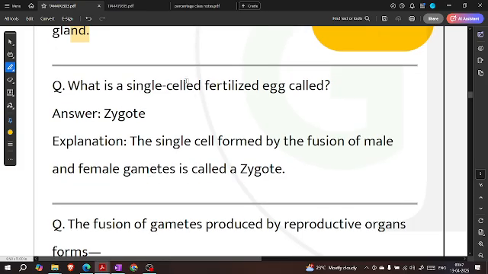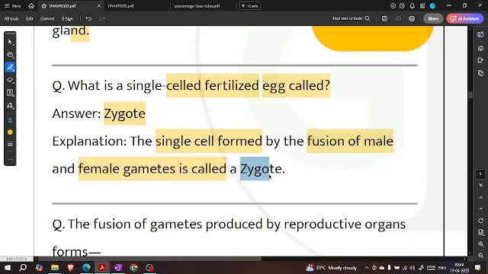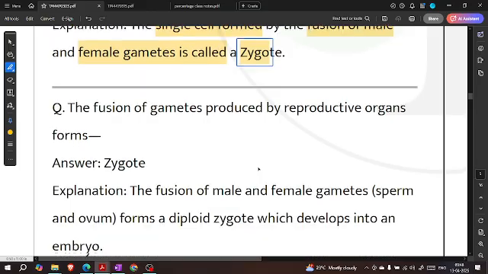What is a single-celled fertilized egg called? Zygote. The single cell formed by the fusion of the male and female gamete is called a zygote.